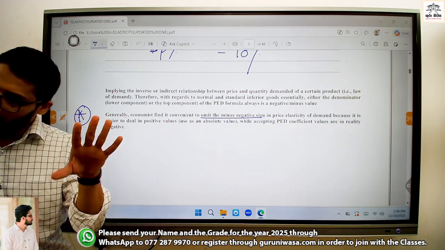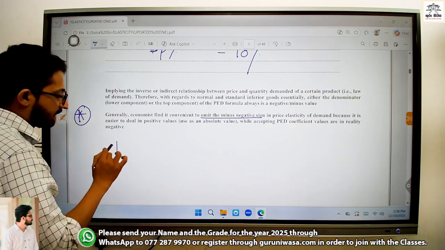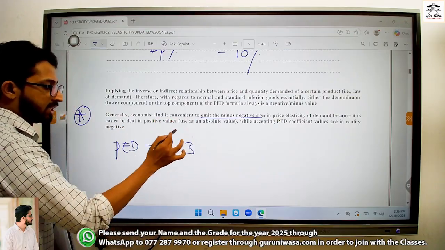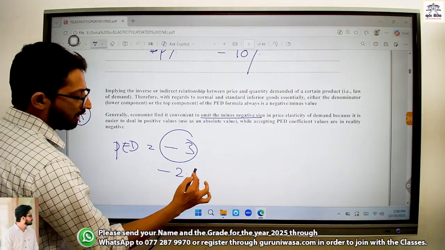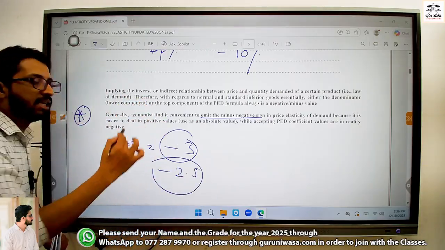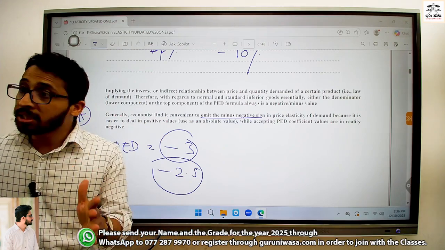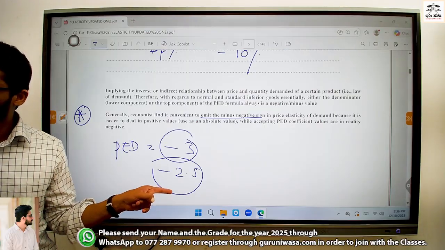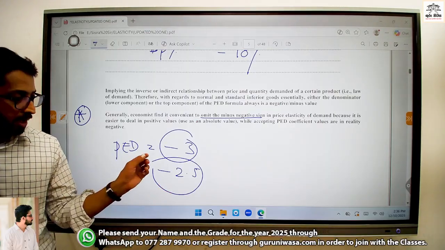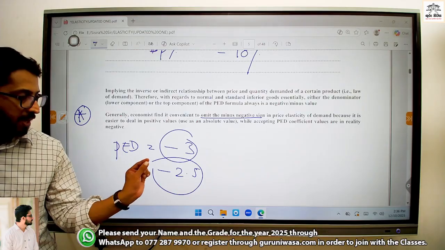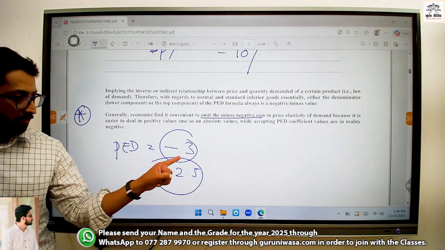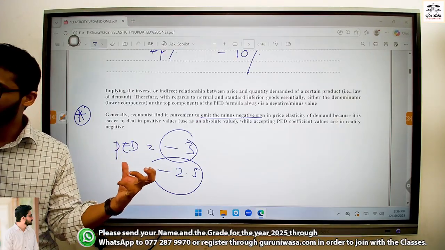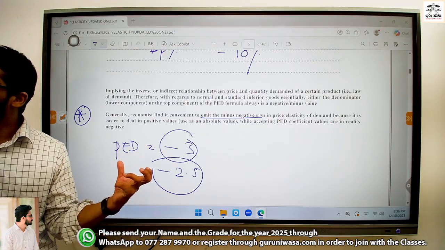If you calculate the PED value, the answer tends to be minus, for example minus 3 or minus 2.5. But in the decision making process, we forget the minus sign and use the absolute value, which means just the value, without minus or plus.